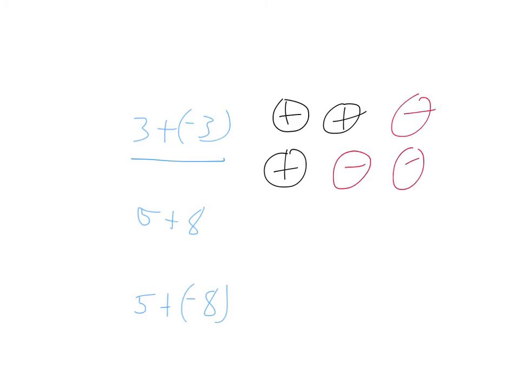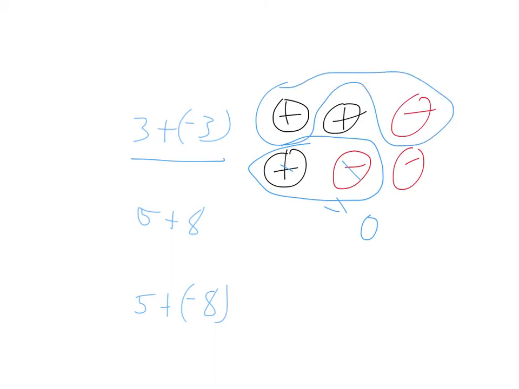And what you need to know here is there's a thing called the additive inverse, which means when you have one positive and one negative, that equals 0. So in this case, these two cancel out, equals 0. And then let's circle this positive and this negative, and that's going to equal 0. And this one will equal 0. So you have 0, 0, 0, and there's nothing left that's not circled.